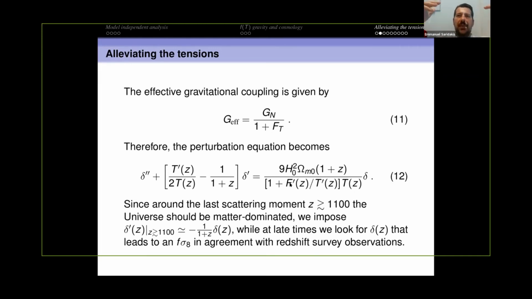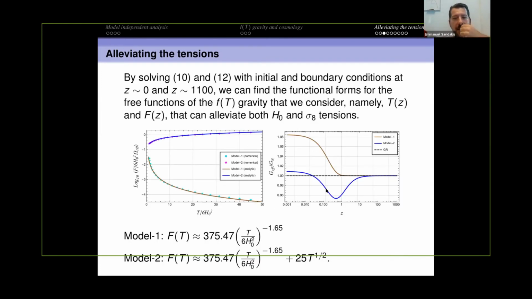Remember, previously, we examined in a model independent way what should be the features of the correction in order to solve both tensions. Now, we impose a general f(T) modification, and assuming that our model must coincide with lambda CDM during the CMB time and solve the tensions today, we numerically reconstruct the necessary f(T) model.